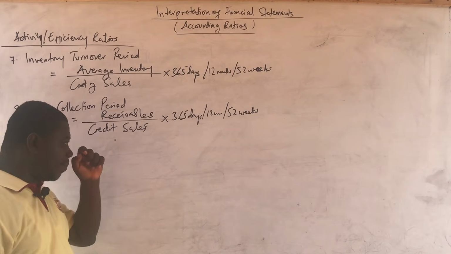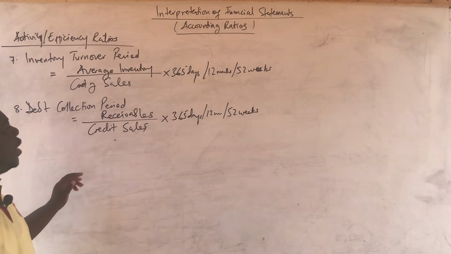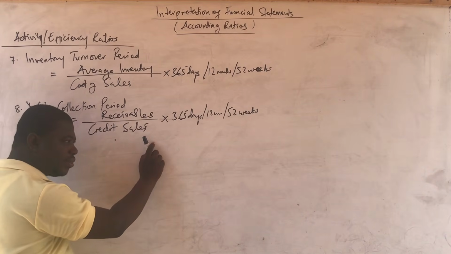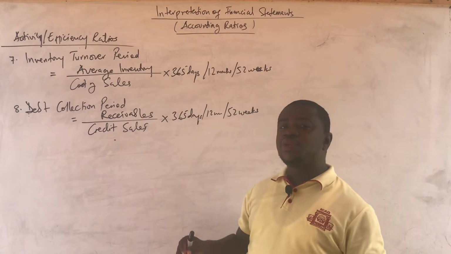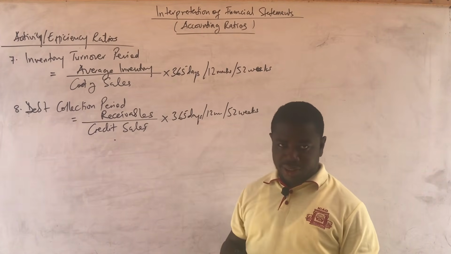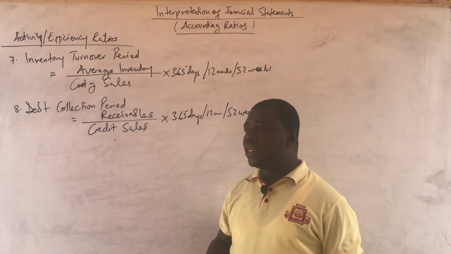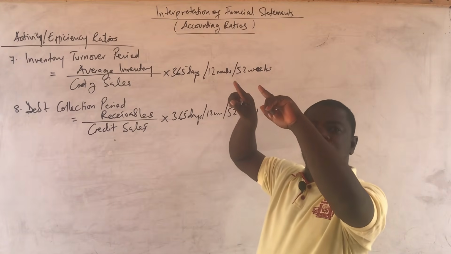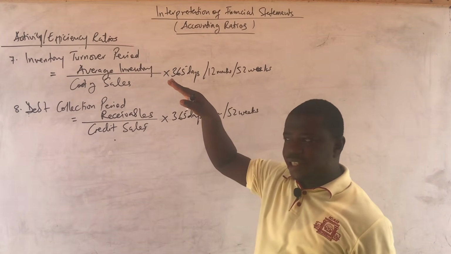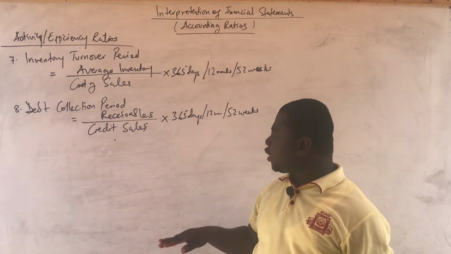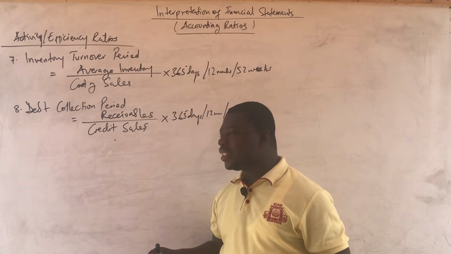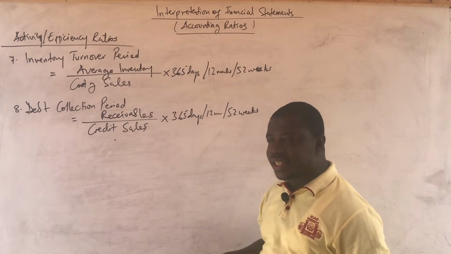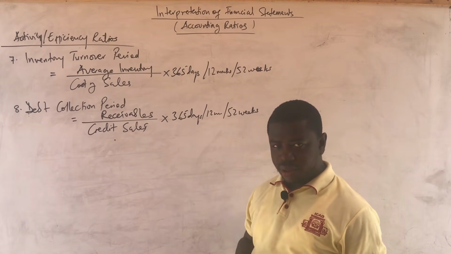Now take note of something. You see that the formula has credit sales. It means that credit sales is what you require to calculate this. Unfortunately, the sales that you are going to see on your financial statement, on the income statement, is not only credit sales, it's total sales. That means that it is a combination of both the cash sales and the credit sales.